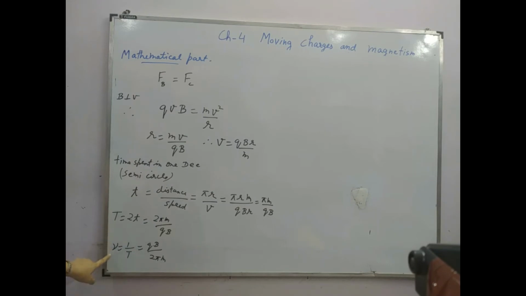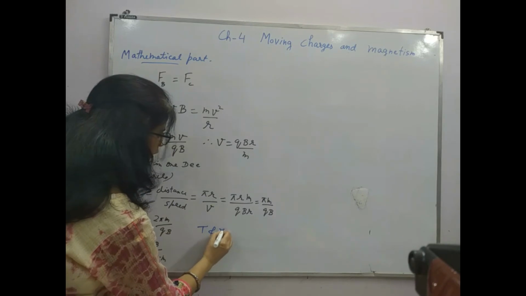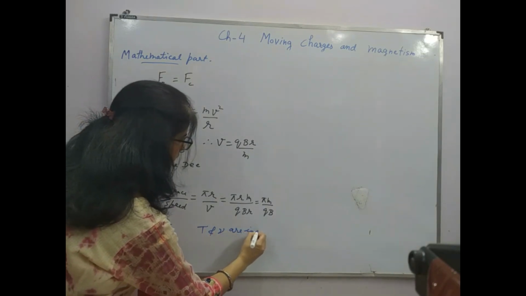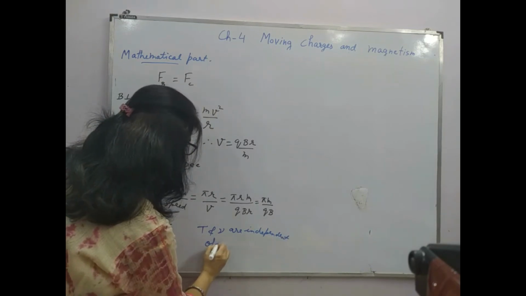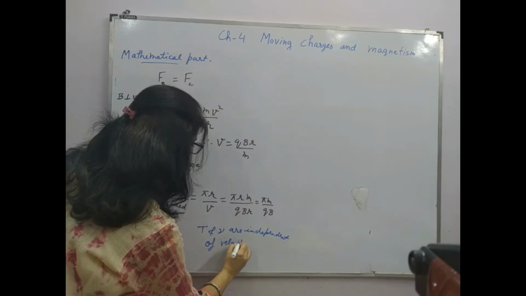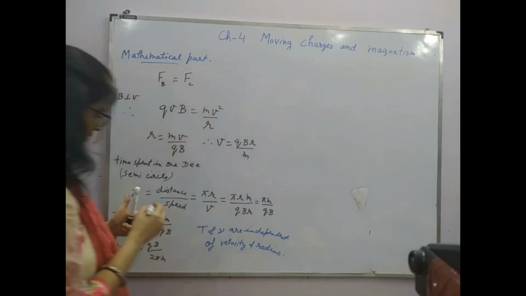It is clear that time period and frequency are independent of velocity and radius. This result is very important, often asked in boards: time period and frequency are independent of velocity and radius.